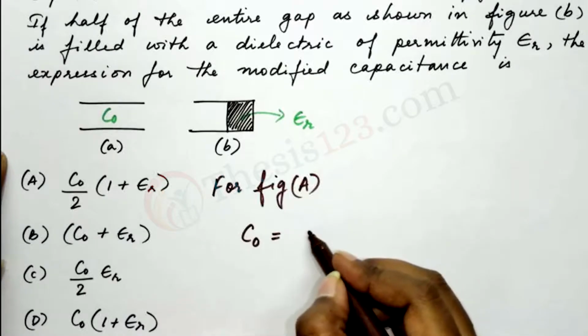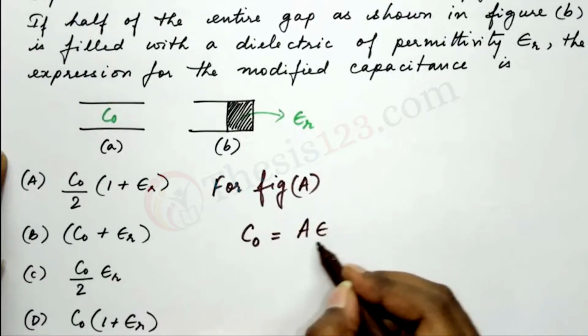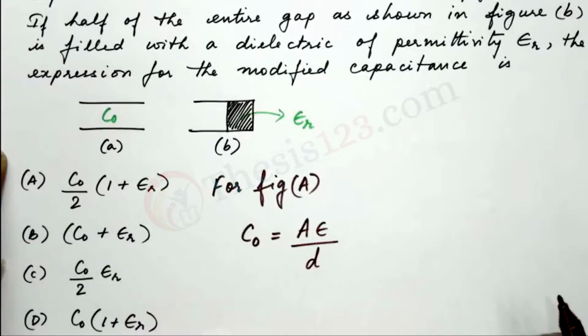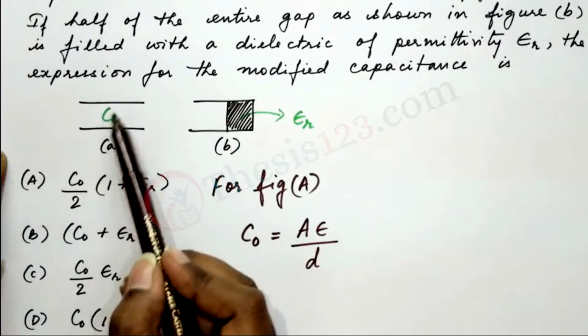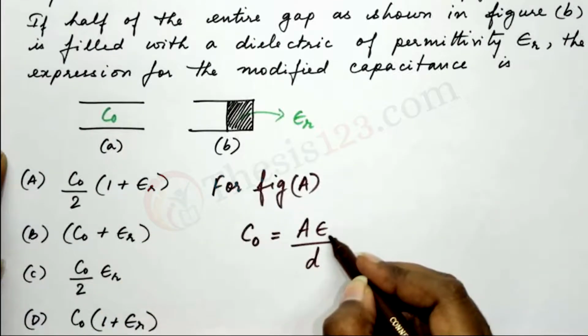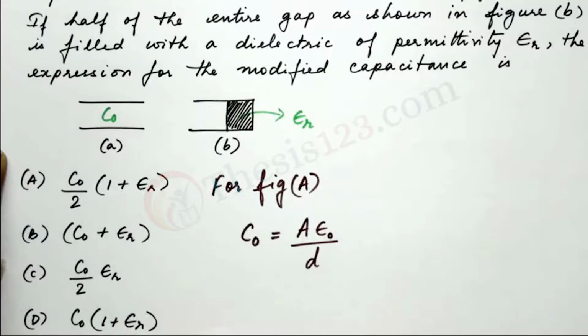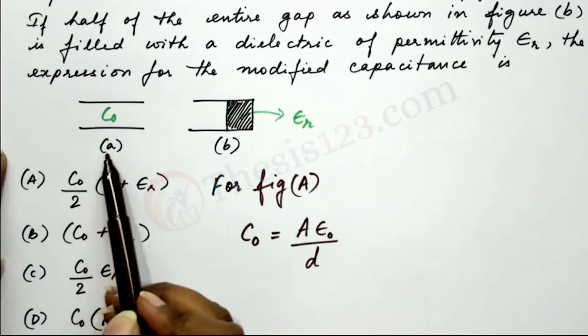So the expression is A epsilon by D. Since here we have the capacitor that has the dielectric of air, we can call this A into epsilon naught divided by D. So this is the expression for capacitance for the first figure.